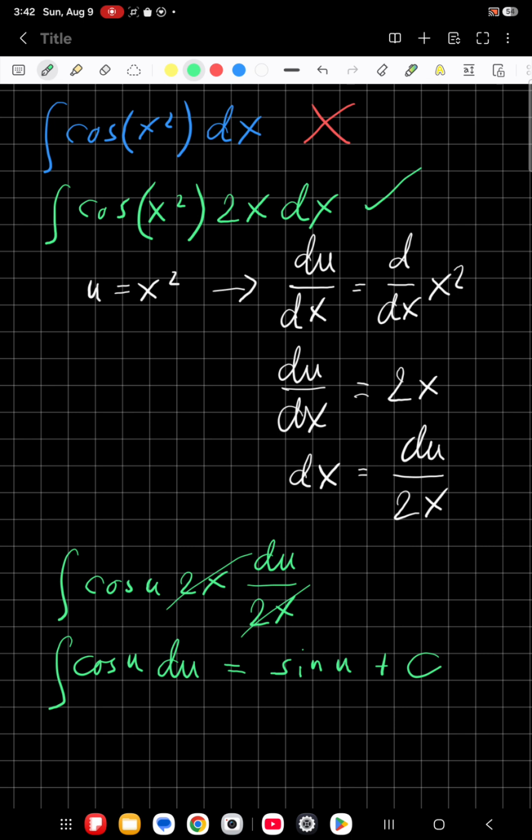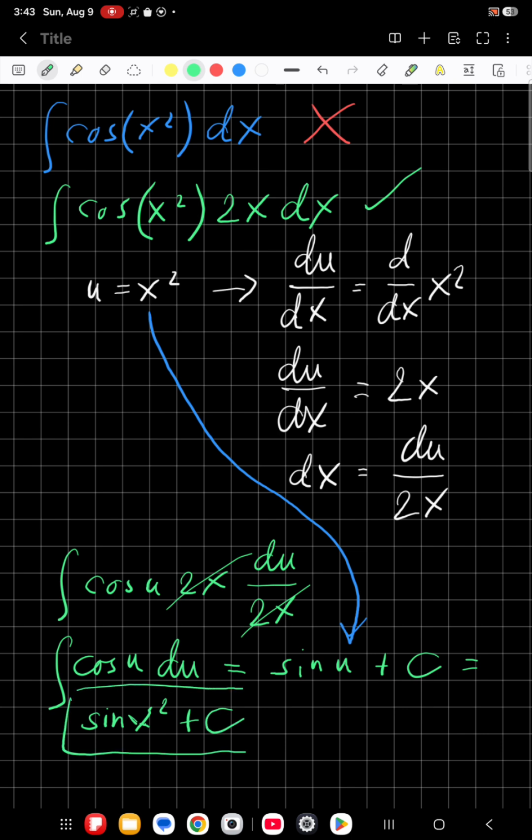Okay, so the last step. Because now my original problem didn't have u, it had x. So I need to replace that u back with x squared. So we're just doing this, and we get sine of x squared plus c.